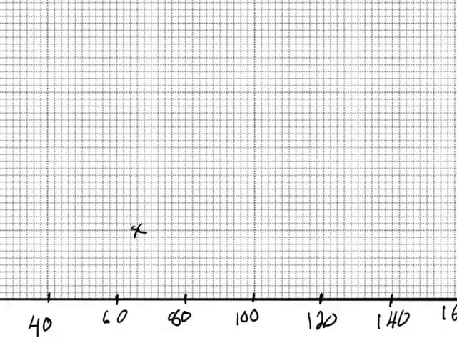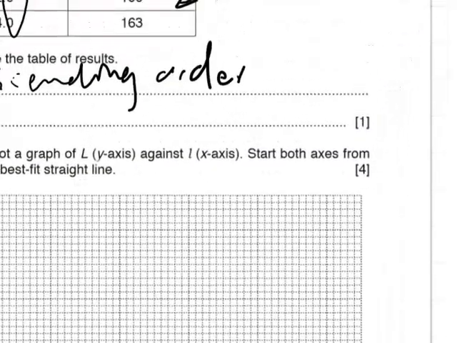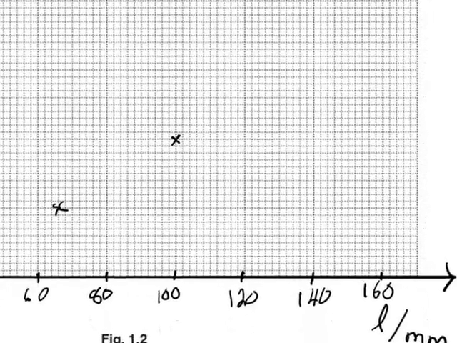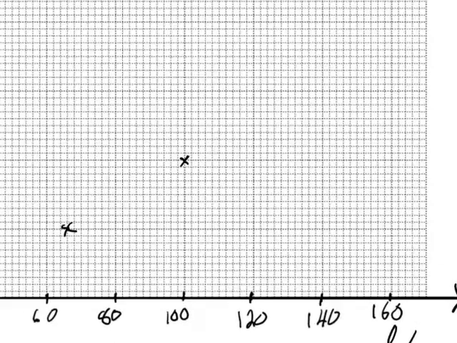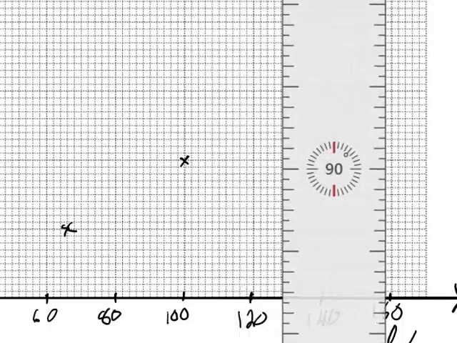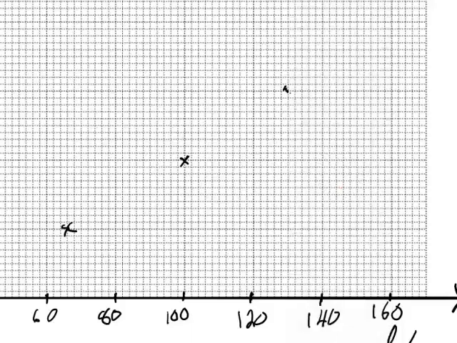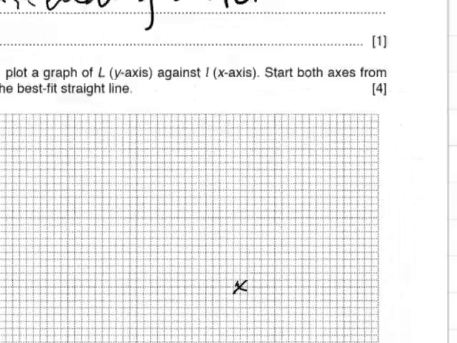This one will be very easy. 200, that will be there. And then after that we have 3, 130. Let's use a ruler. 130, that will be there. And then we have 4, 163.